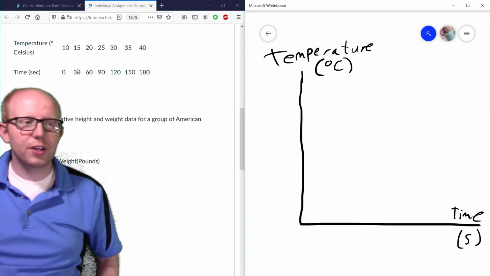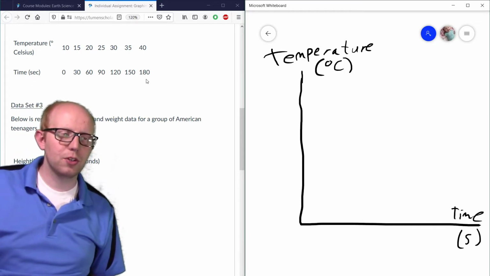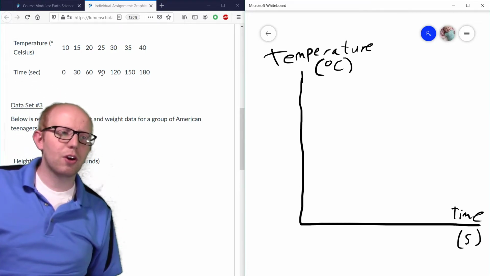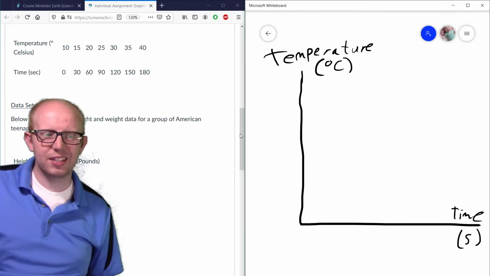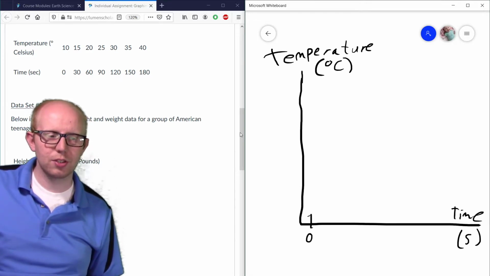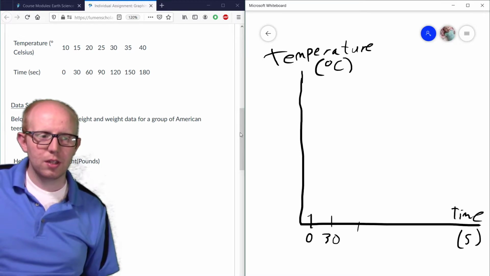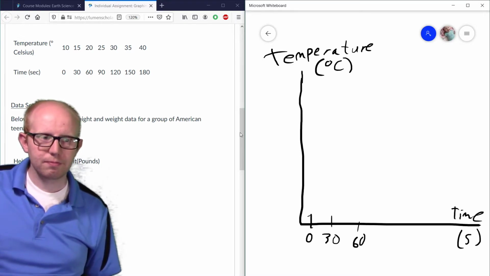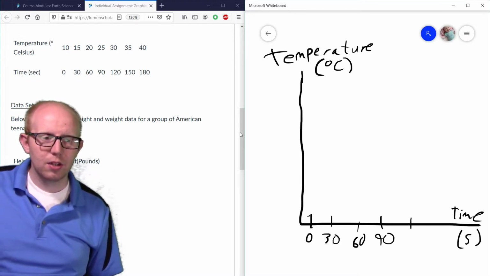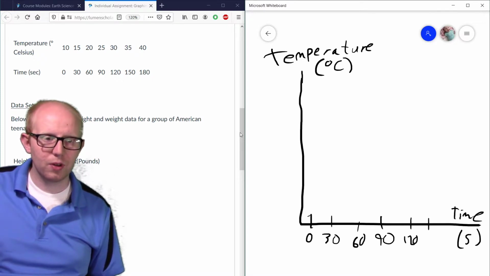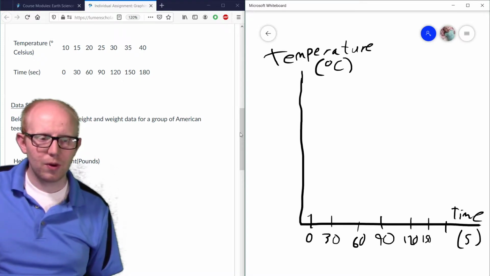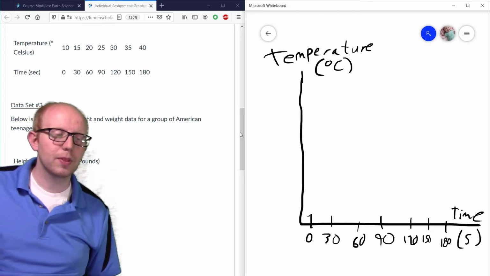Okay, so now we need to figure out our markings. So time goes from 0 to 180, and all these are already split by 30, so it's nice and evenly spaced, so let's just use that. So we got 0, 30, 60, 90, 120, 150, 180. Okay.